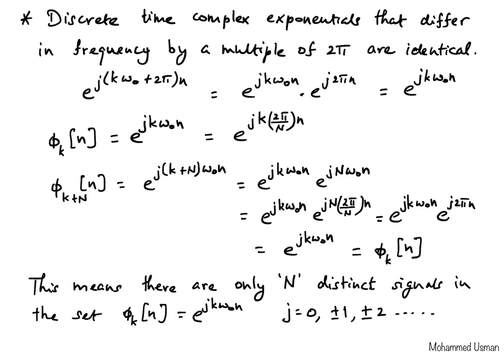So if the period of the signal is n, then this set of complex exponentials, all of which have the same period n, contains only n distinct signals. That means only n of them are different. All the others will be repetitions of these n signals. So this influences the summation in our Fourier series representation, the summation over k.